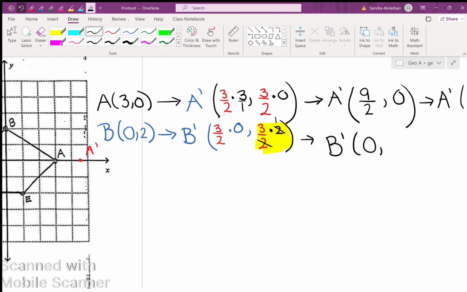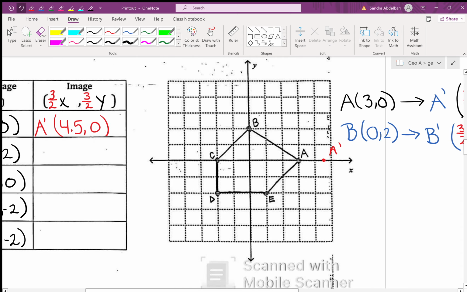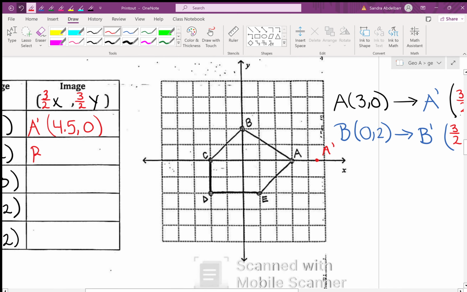So we're left with 3 times 1, which is 3. So now my B prime is 0, 3. So we're going to go back to the chart. We're going to write B prime 0, 3. 1, 2, 3, put your dot, label it B prime.